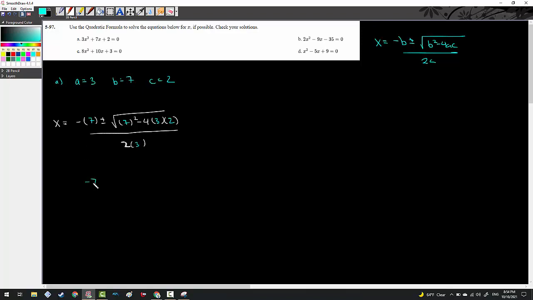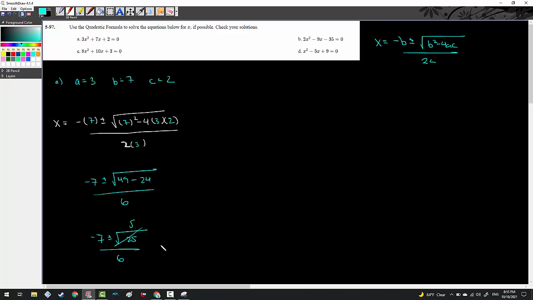So negative 7 plus or minus the square root of 49 minus, what is this, 24? All divided by 6. So with negative 7 plus or minus the square root of 49 minus 24, I believe is 25. All over 6. Now, the square root of 25 is actually a clean number, so why don't we go and find out what that is? That's 5.